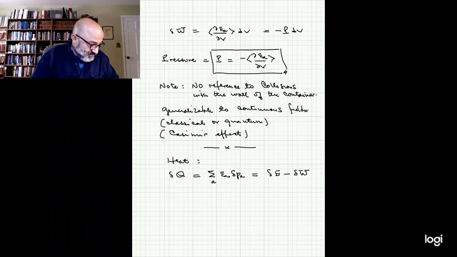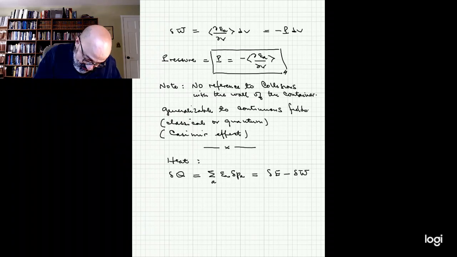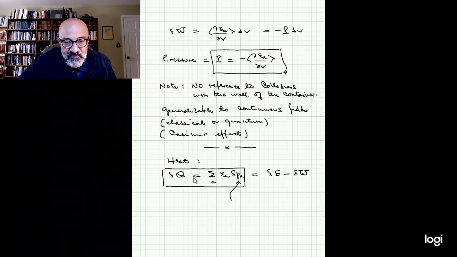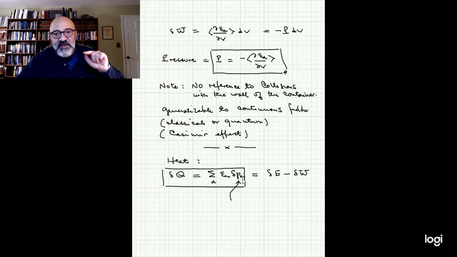So what we would like to do is look at the following expression. One of the crucial things that appears here is that what we call heat has to do with a change in the energy that comes from changing the probabilities. But the entropy itself is computed in terms of the probabilities.